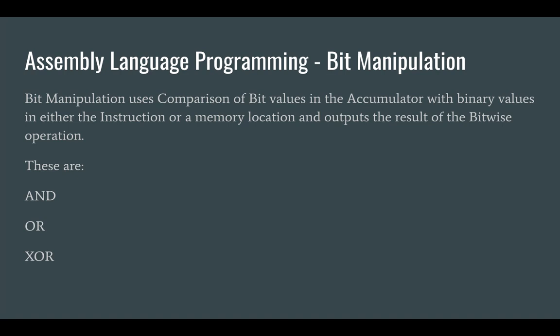And then we've got an XOR, which would output a 1 if the value in the accumulator or in the value being passed as the argument, I suppose, is a 1, then we would output a 1. But if both values were 1, we would output a 0. And if both values were 0, we'd output a 0.